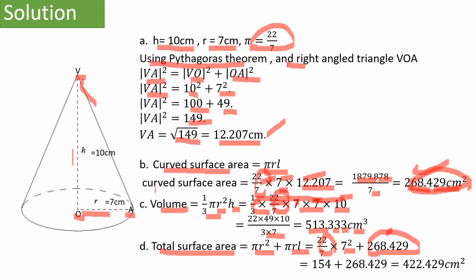So 22 times 7 square, which is 49/7, will give us 154, plus the curved surface area, which is 268.429, we'll get 422.429 square centimeters. So the total surface area is the base, which is pi r square, plus the curved surface area, which is pi r l. And we already know the curved surface area, so we calculate the base, then we add it to the curved surface area.